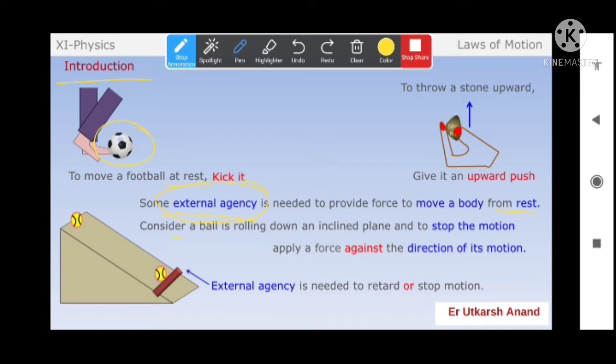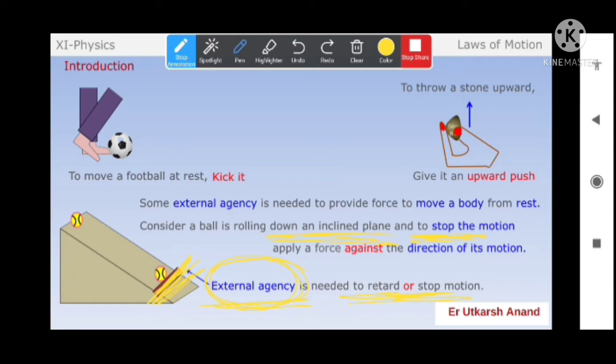Similarly, consider a ball which is rolling down an inclined plane. You have put a barricade here, and then this barricade stops the motion, right? So basically this is an external agency that is needed to stop or retard the motion.